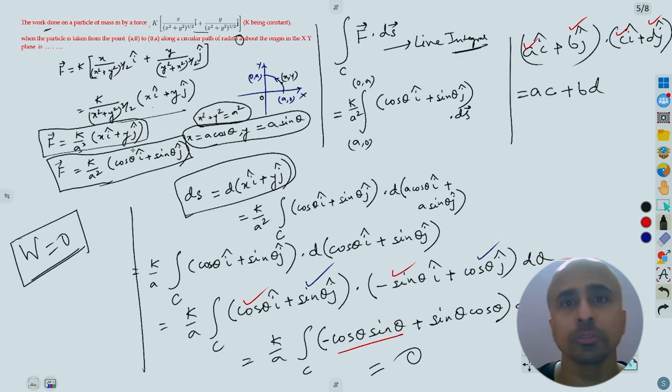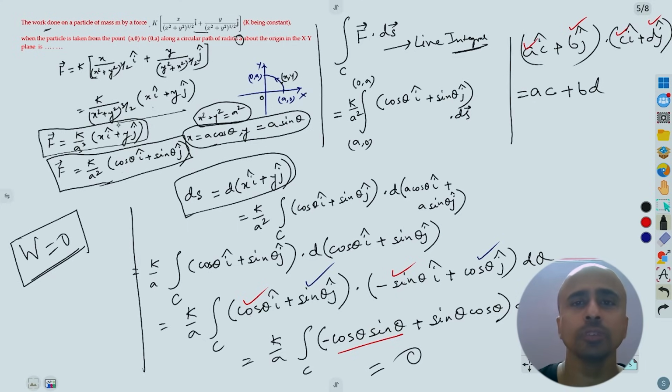Otherwise, it wouldn't have been possible. Since we are on the circular path, all these things are possible. So we have k by a, we just substitute and simplify, and this is a further reduction of this expression into this.